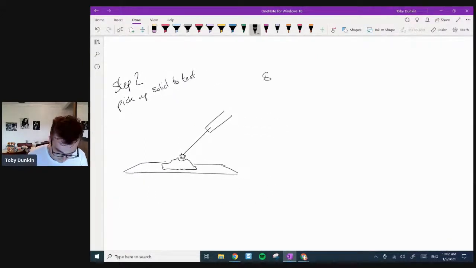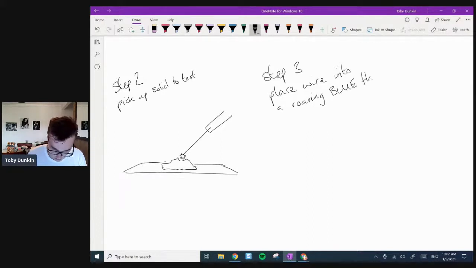Step number 3: we're now going to place the wire into a roaring, notice my capitalization, blue flame. So we've got a roaring blue flame.